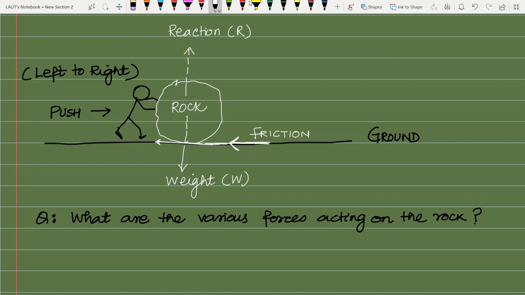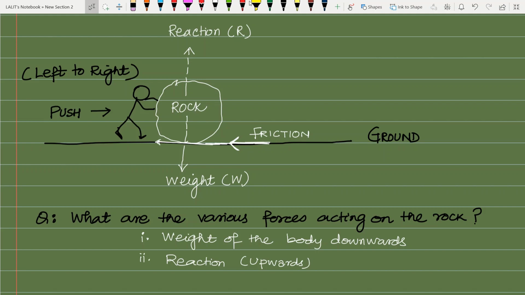So what are the various forces? Number one would be weight of the body downwards. The second one is reaction, which is upwards.